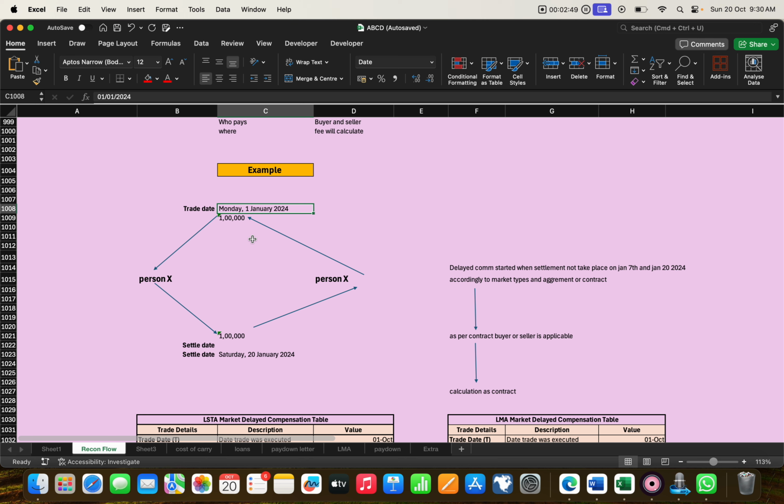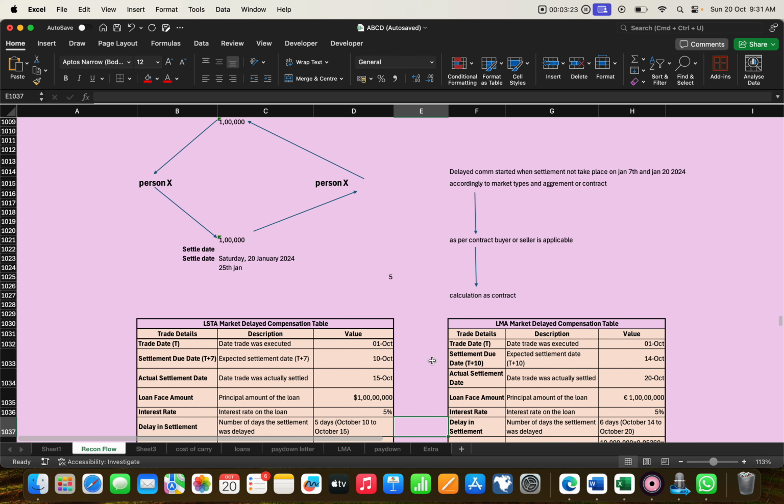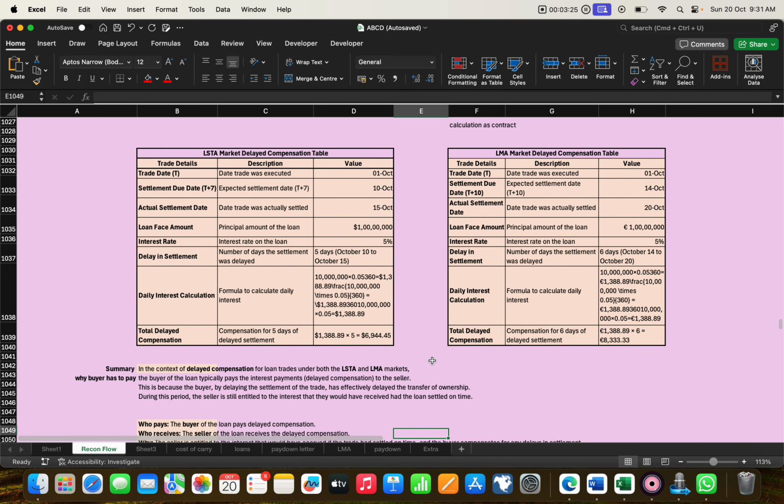The settle date is 20 January, but the settlement happened on 25th January. Then the delay com charge will be charged for 5 days, because the settlement did not happen on the due date.